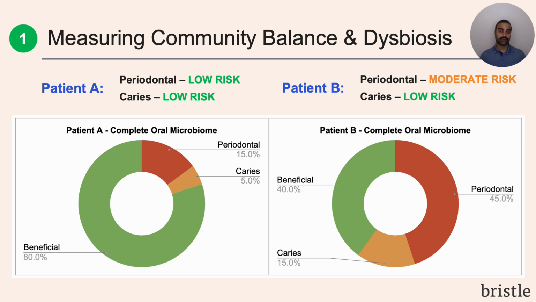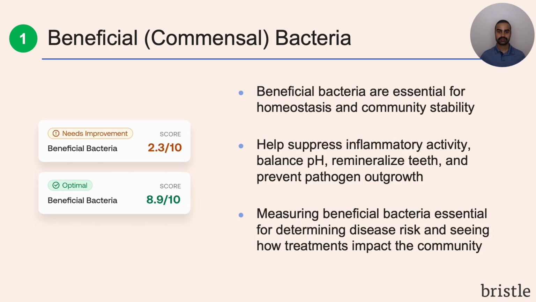Patient B is also more balanced than what we previously would have assumed, but likely still moderate risk. This complete data and looking at the beneficial bacteria gives you the full picture to truly assess if a patient is in a state of balance or dysbiosis and ensure you're choosing the proper treatment based on risk levels.